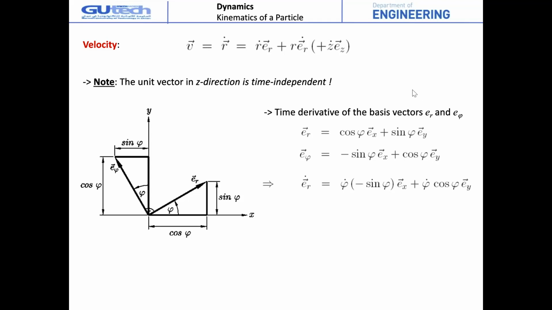Then we have the derivation of cosine phi, which depends on phi, and phi here is time dependent. That means we have phi dot, the derivative.